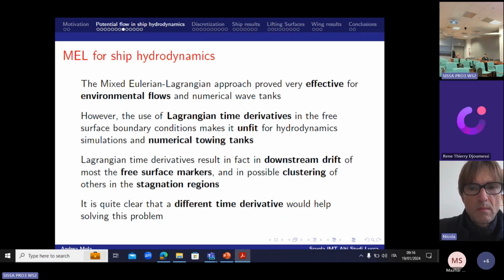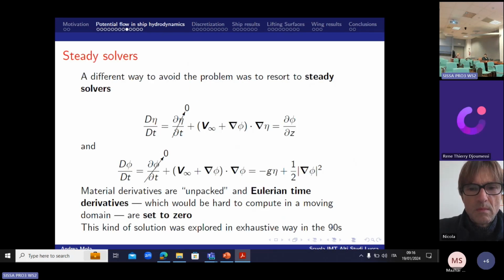So clearly the problem is that we're using Lagrangian time derivatives, and mathematicians know that using different kinds of time derivatives would be more beneficial, such as arbitrary Lagrangian-Eulerian, but we'll get there in a second. Historically, this inability to treat time derivatives of quantities in a moving domain resulted in the fact that only steady solvers were used.